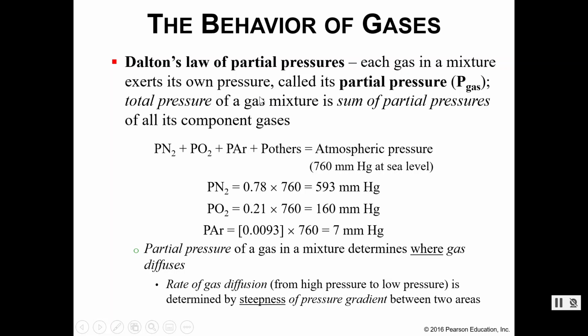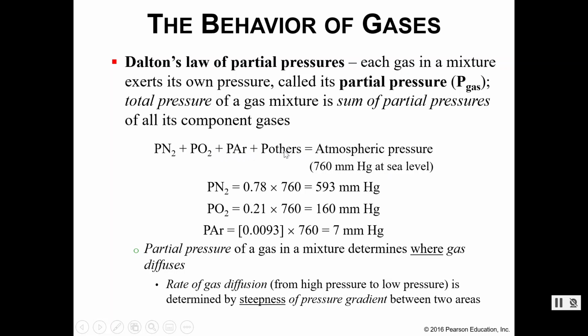So all of the gases in the air that we breathe, if we add all those up, that's where we get our total pressure from. We know this total pressure as your atmospheric pressure that we've been mentioning, that's 760 millimeters of mercury at sea level. So the three main components of the air that we breathe are nitrogen, oxygen, and argon.